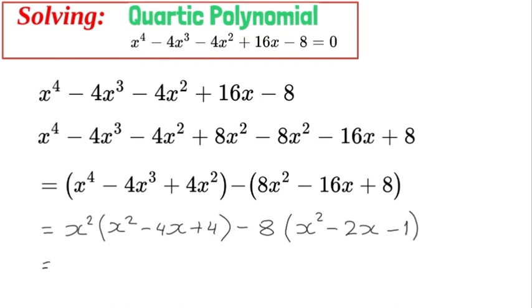So we know that these are squares, so we have x minus 2 all to be squared, and also we have 8, and we have x minus 1 all to be squared in here.